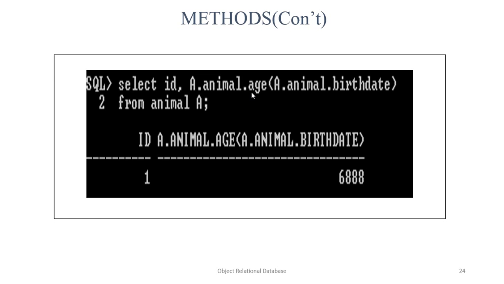Here A refers to the table animal first, and then a.animal refers to the attribute of the table that contains an object type which includes the age method. Hence, by moving into the animal_ty object type, the age function is invoked. When the age function is invoked, it computes the age of a particular animal and returns its age in number of days. Hence, the age data need not be stored in the database. Instead, static data such as birth date can be stored in the database.